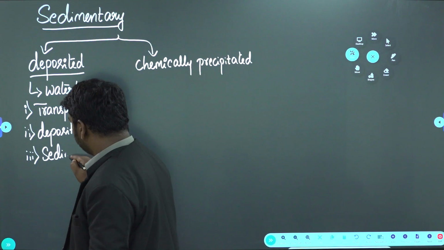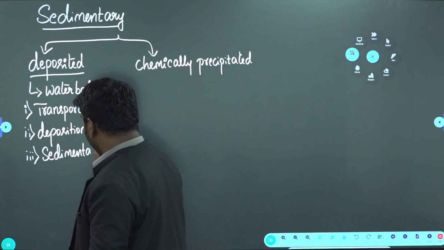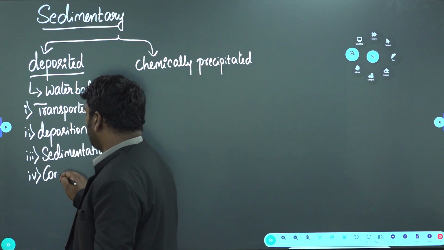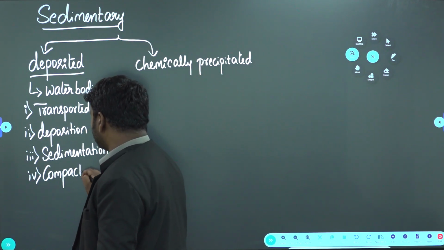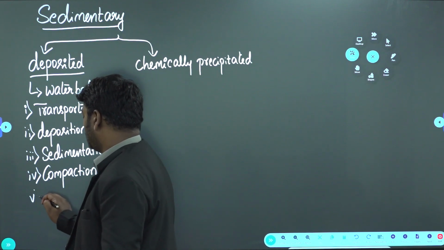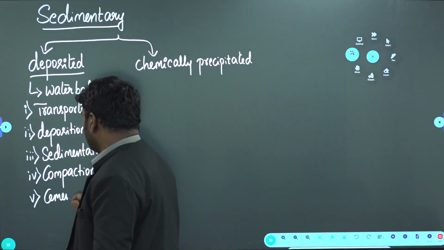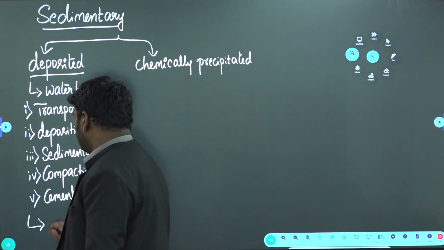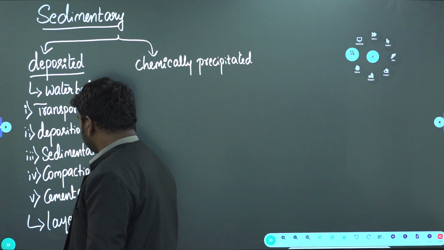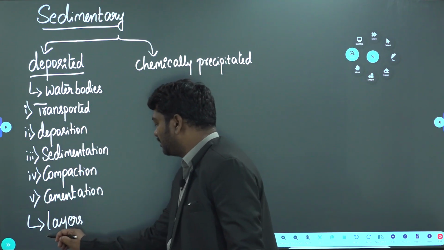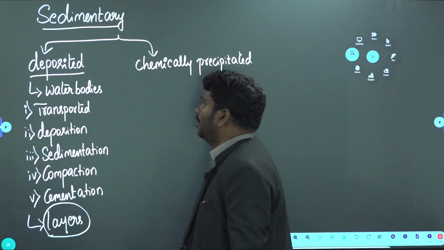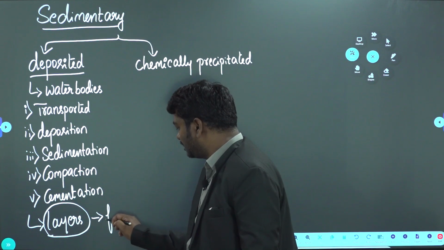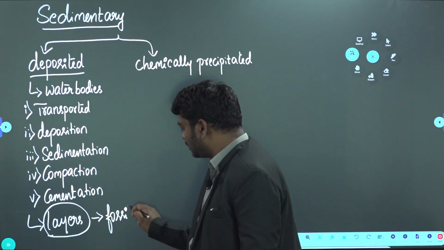We call sedimentation. Compaction. What is the process you have? Cementation. And these will have layers. The fundamental thing in deposition, and in these layers, fossils are also there.